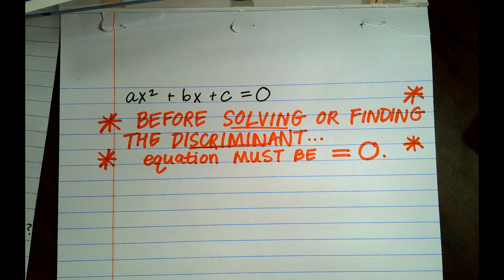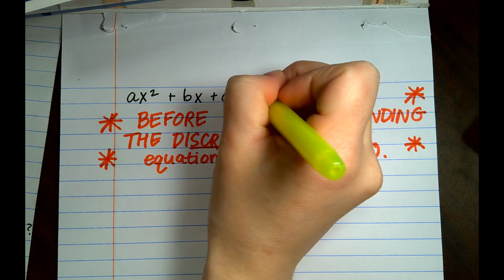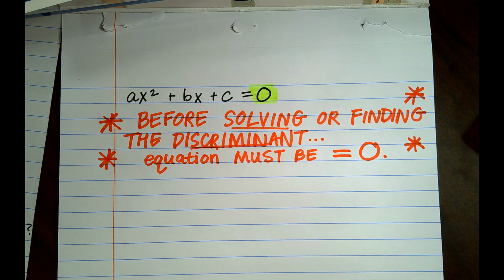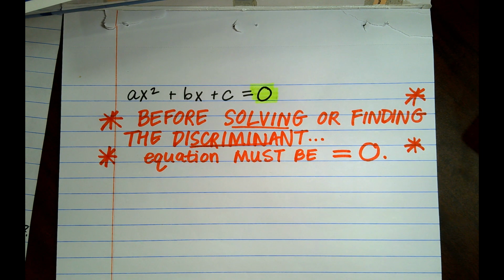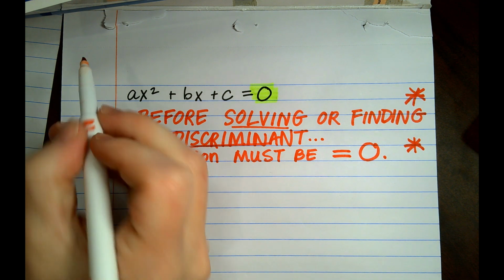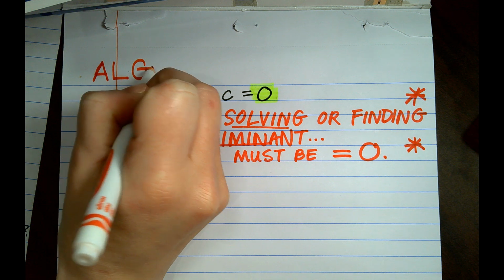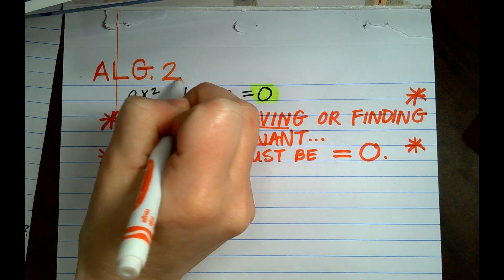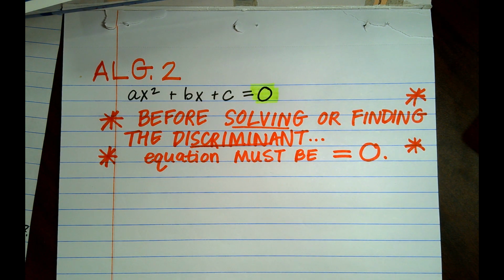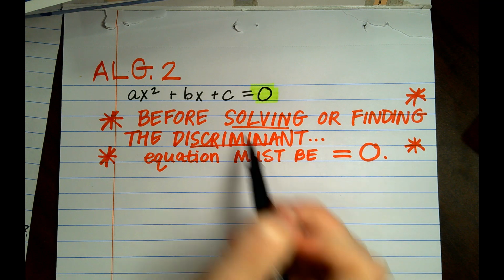Okay, perfect. So that is the most important part. It will always be step 1. Make sure it's equal to 0. And I'm going to write that.